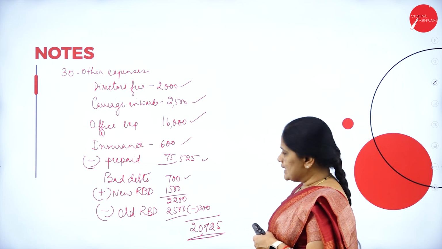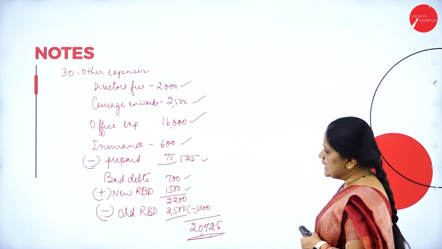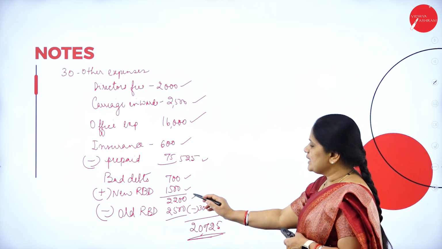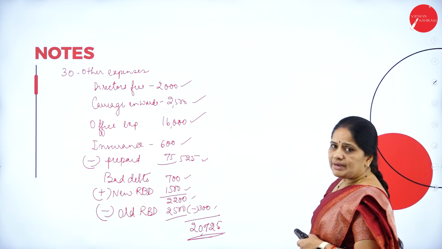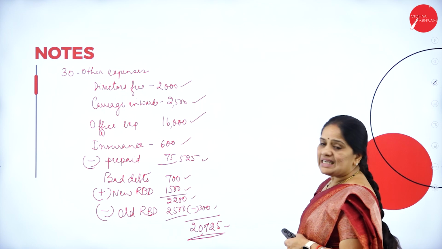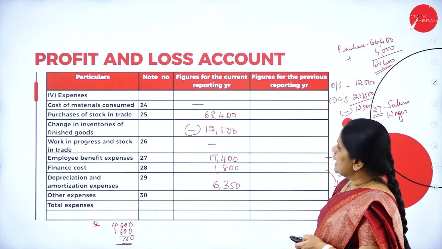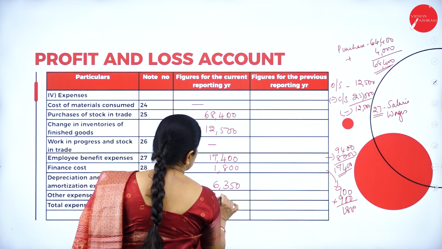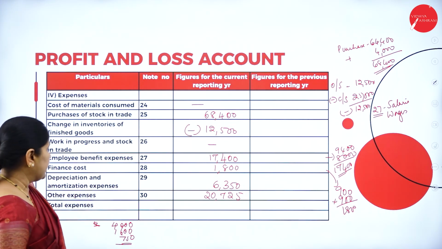So we have the new reserve for bad debts at 1500. So for the bad debts, add the new RBD, we get one amount. From that you deduct the old reserve for bad debts. So we get a balance of minus 300. Now when we add all this, I get the amount as 20,725. I will write it under other expenses.